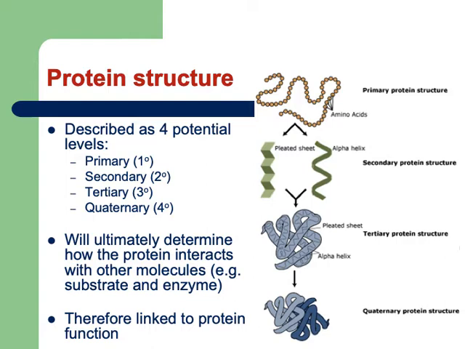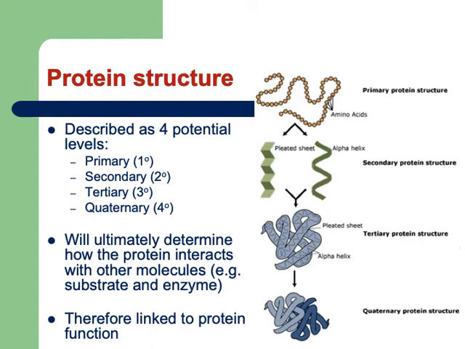The tertiary protein structure is the third one down, and here we see a more complex structure with pleated sheets and alpha helixes. And we can see that it's starting to fold a bit. And then the quaternary protein structure is a combination of multiple structures together in a folded pattern.